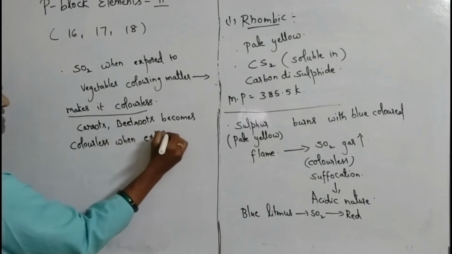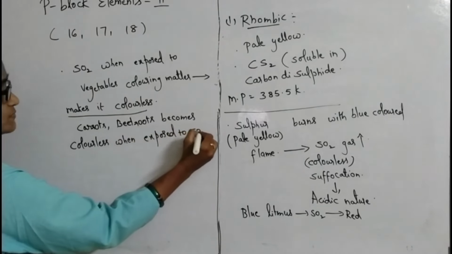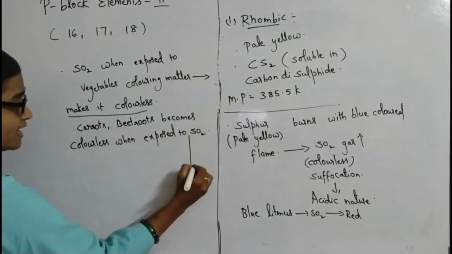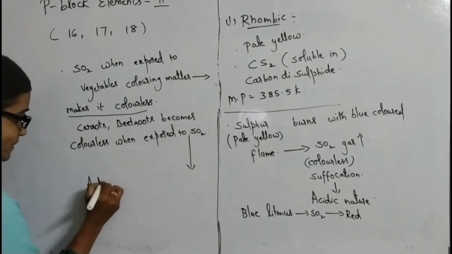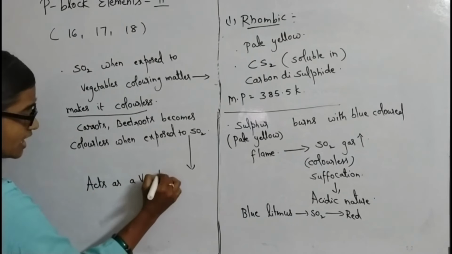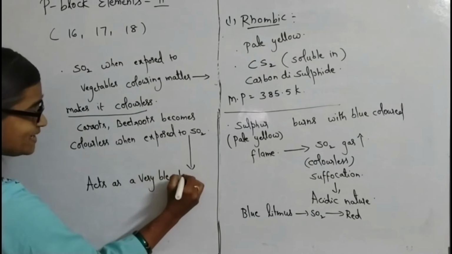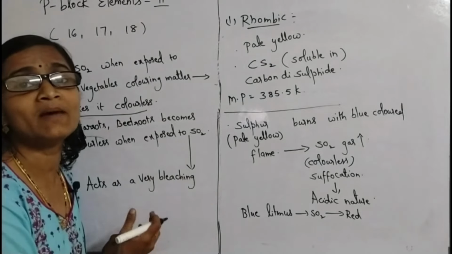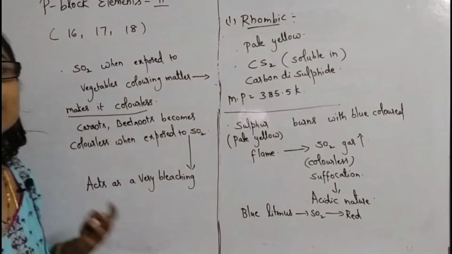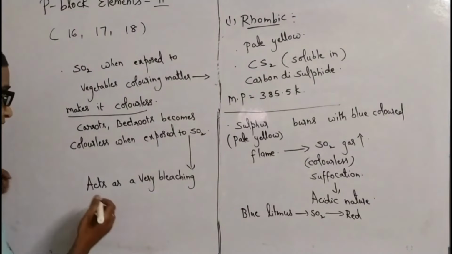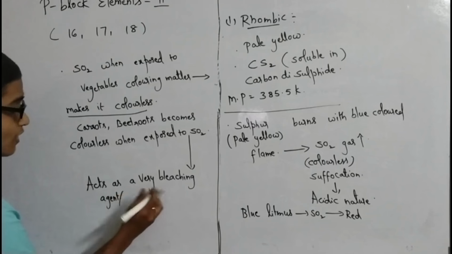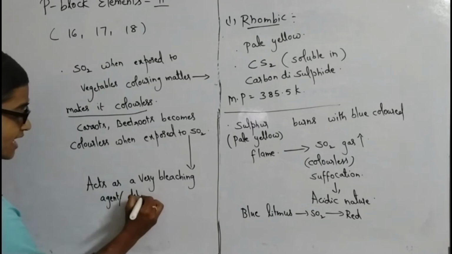Why is it like that when exposed to sulfur dioxide? Because sulfur dioxide acts as a very good bleaching agent. What is a bleaching agent? It bleaches the vegetable coloring matter in vegetables or colored flowers. Or in other words, you can call it a dehydrating agent.